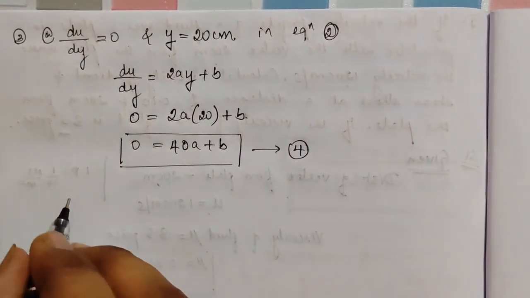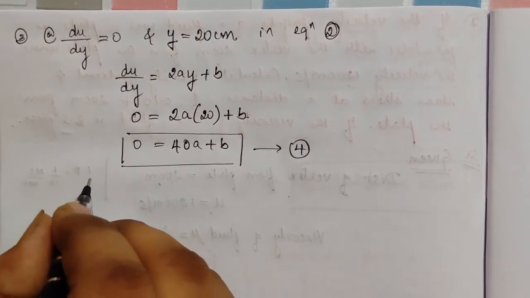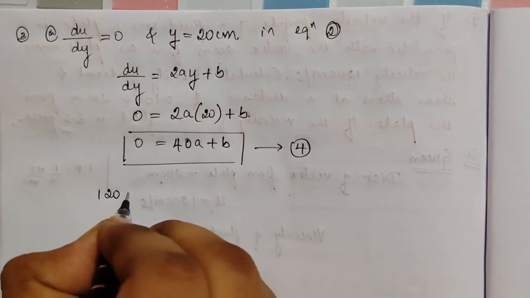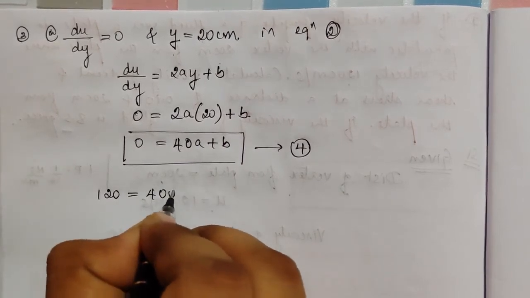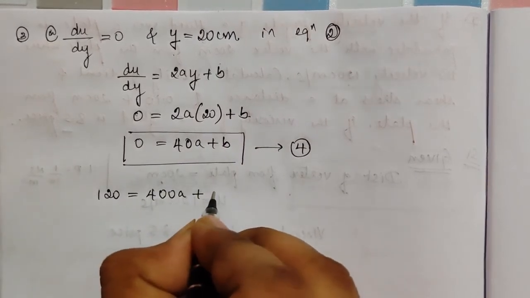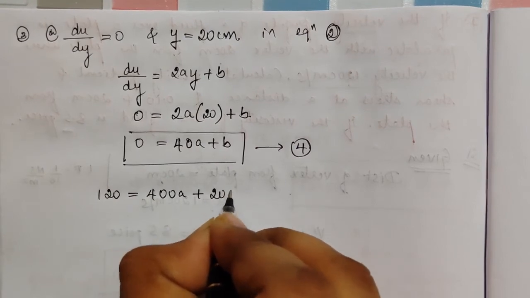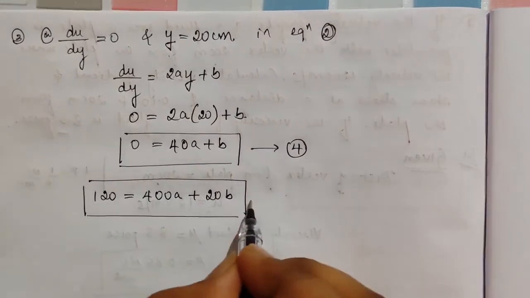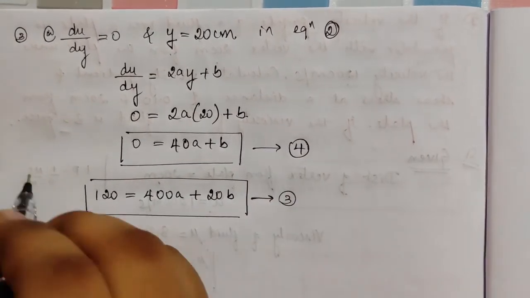So I'll write the equation number 3 also. What is equation number 3? That is 120 is equal to 400a plus 20b. This is what we got, equation number 3 in the last page.